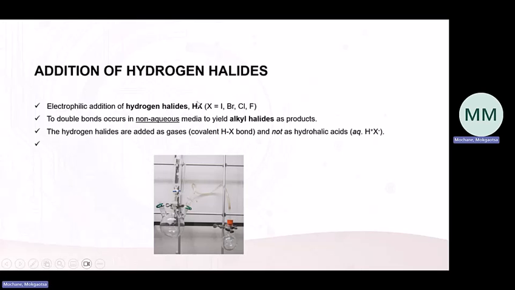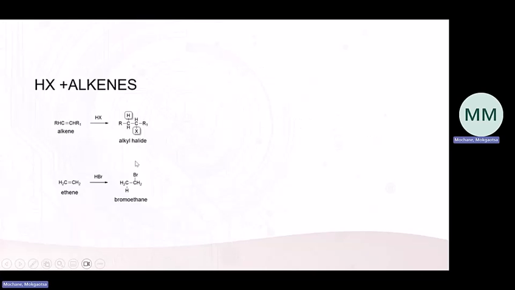Remember, HX, the X symbolizes I, Br, Cl, F. So in this case, the X is being replaced with a Br. That is the reason why we have HBr. Remember, it's an addition reaction. You break the double bond into 2 sigma bonds. Those 2 sigma bonds can accommodate the presence of H. They can also accommodate the presence of Br. So at the end of the day, you've got Br there, you've got H there. Please take note.